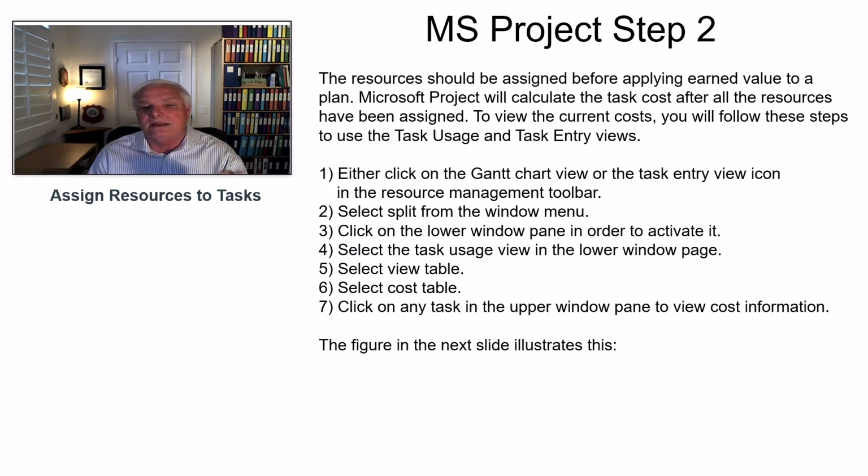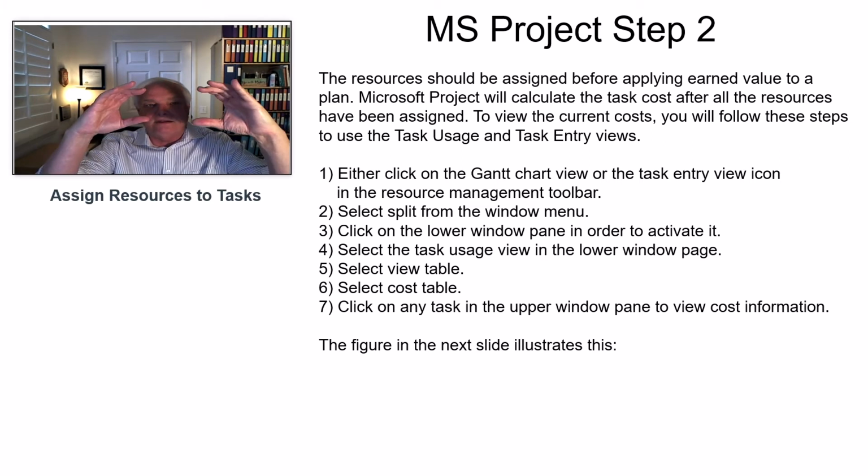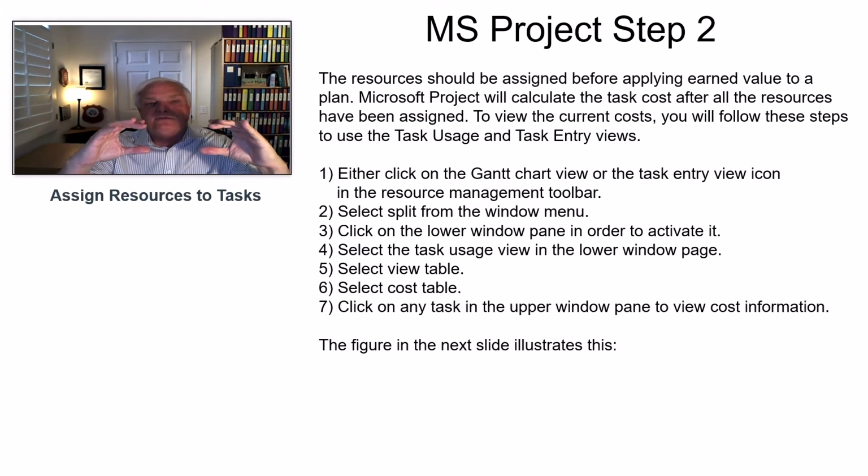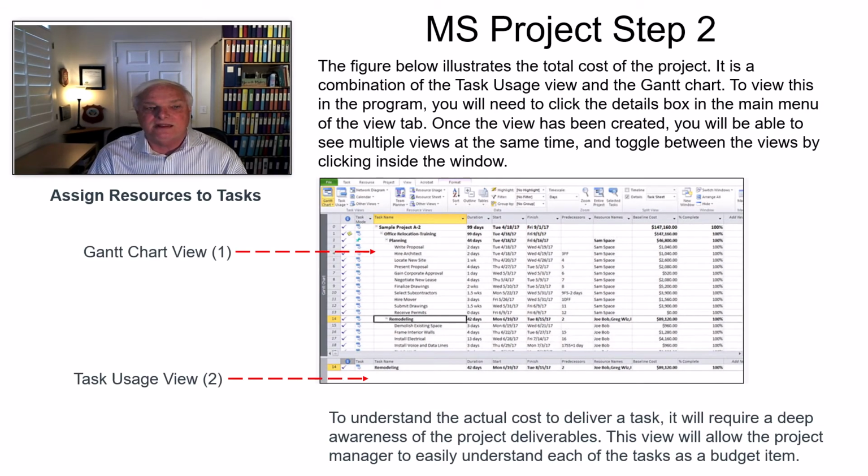Select split the window, and I'm going to show you that in the next slide. Splitting the window gives you the Gantt chart on the top side and your resource loading information on the bottom side. There's a table below, and you can grab and drag or click on and easily see what you want to add in. So let's take a peek at what that looks like.